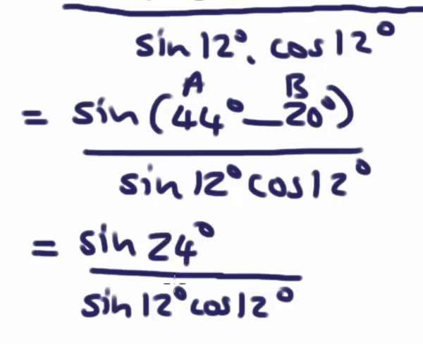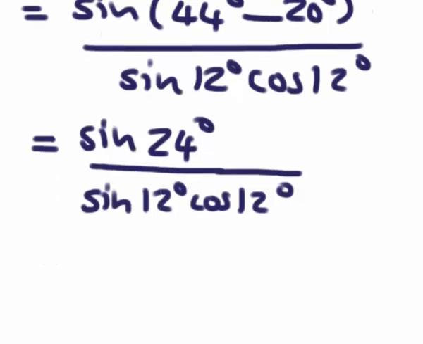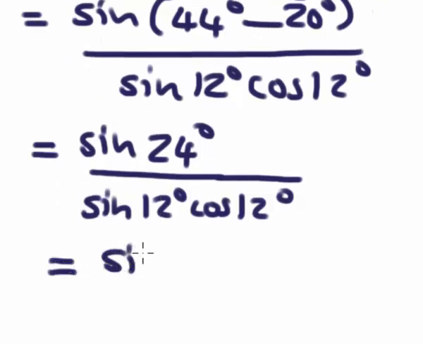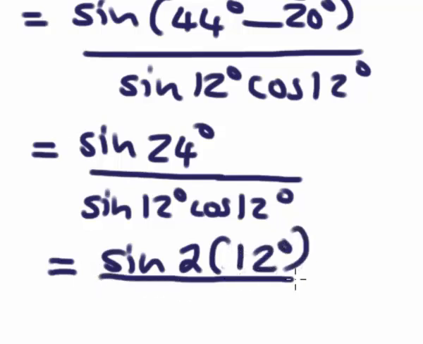But what do we know? 24 is double 12, so we could write this 24 as a double angle, 2 times 12. That's beautiful. So it's sine of 2 times 12 divided by sine 12 cos 12.